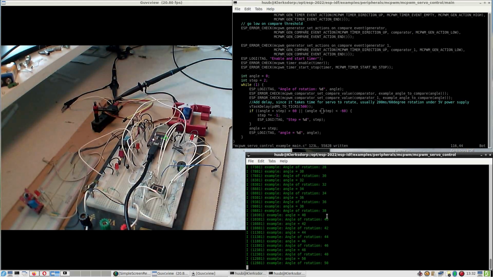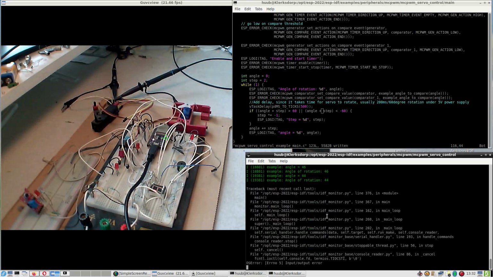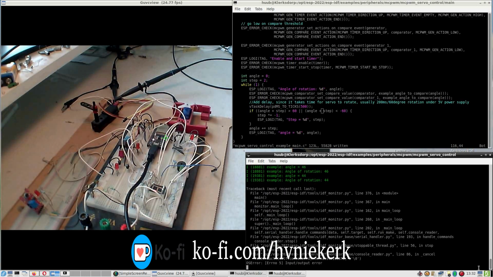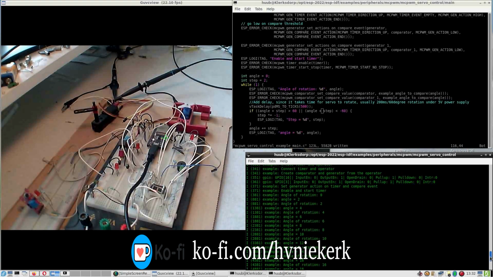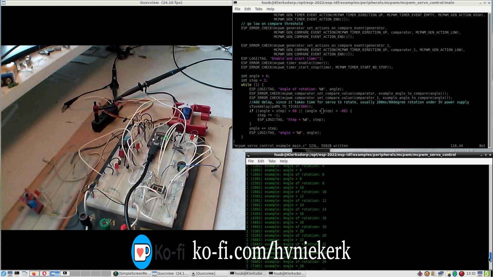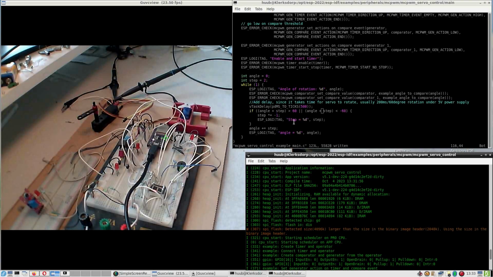And what I do not see is step. So I quit the screen, and here I have said step is some value, because here step is multiplied with -1 for whatever reason.